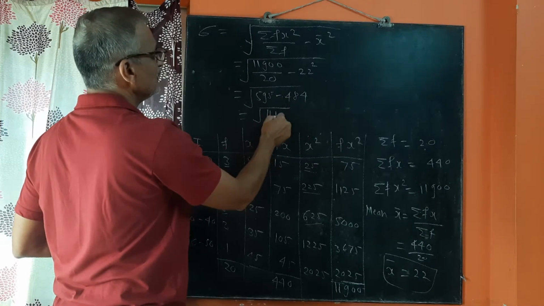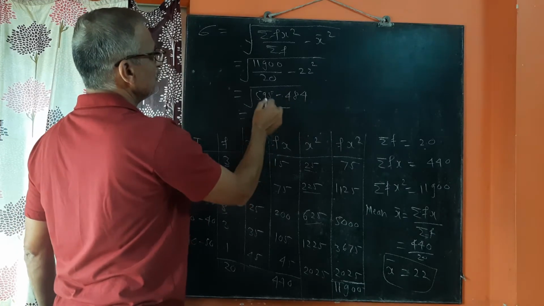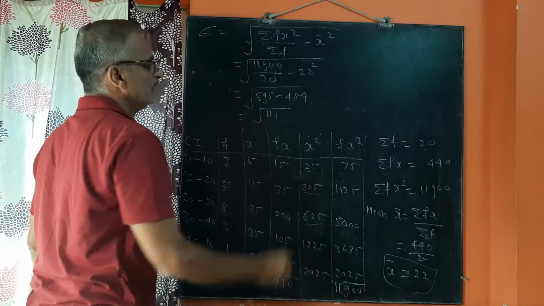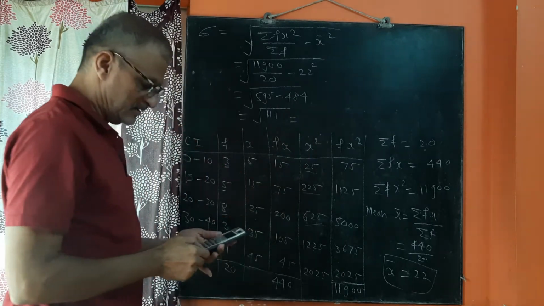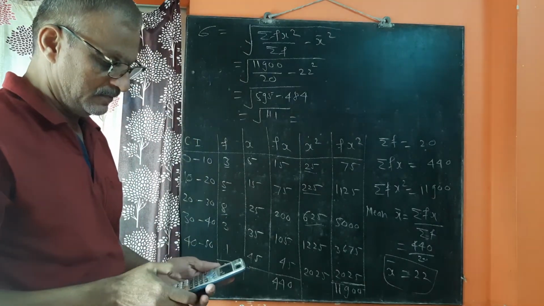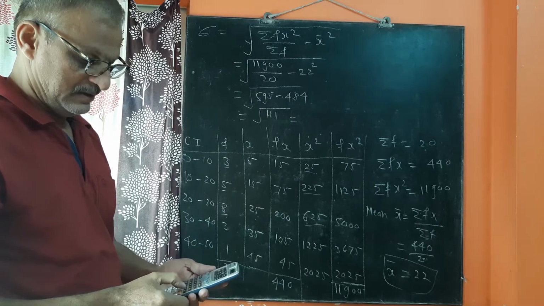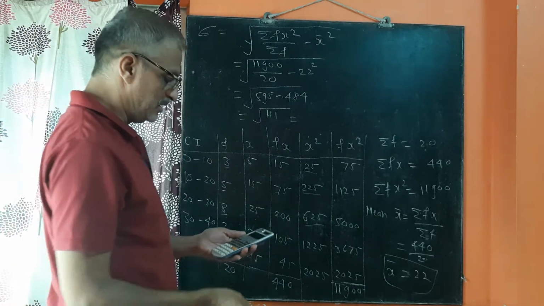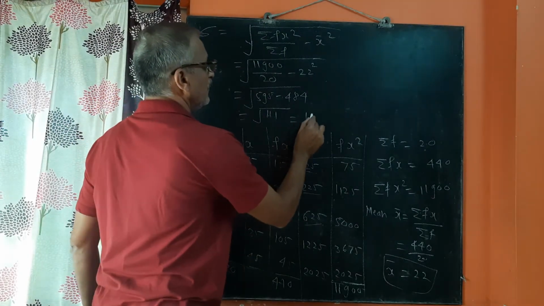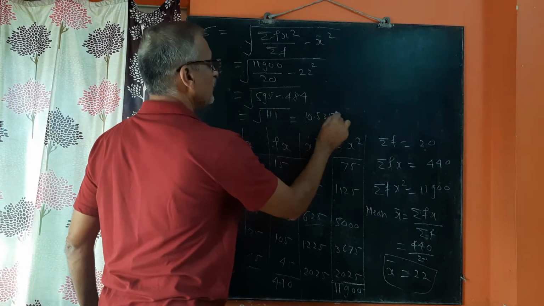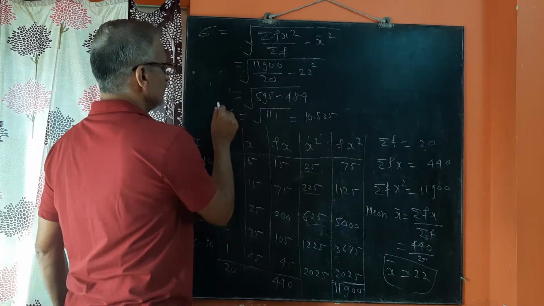Square root of 111 is equal to 10.535. So this is the value of sigma.